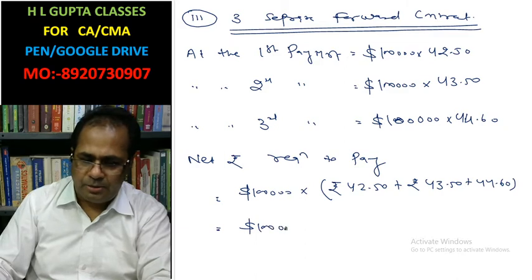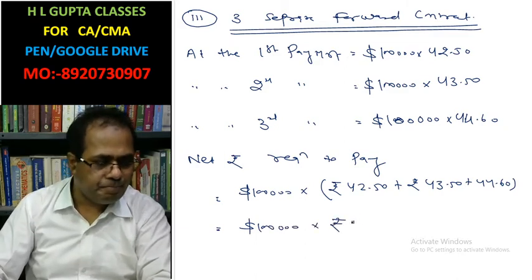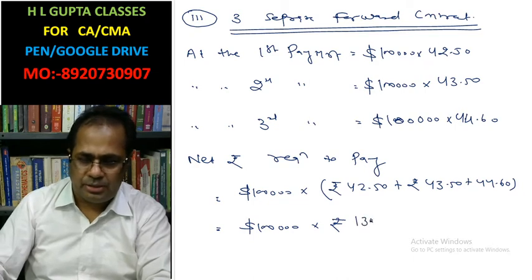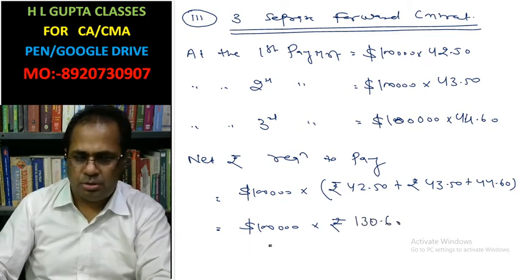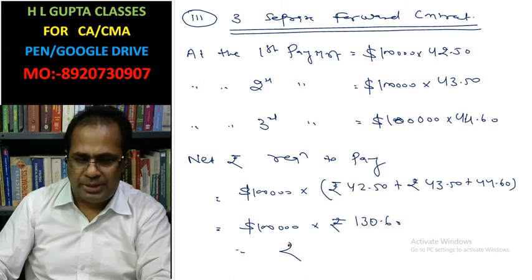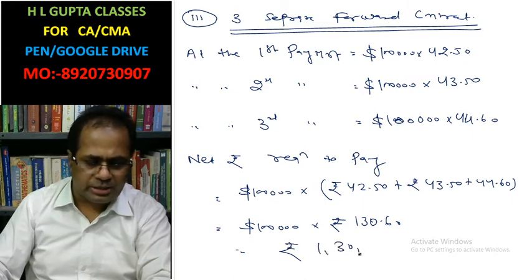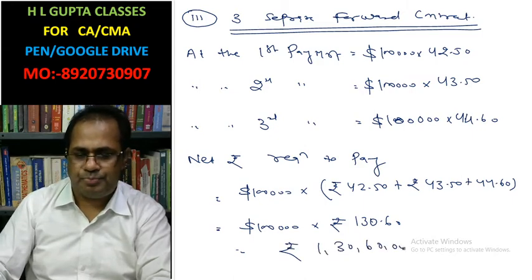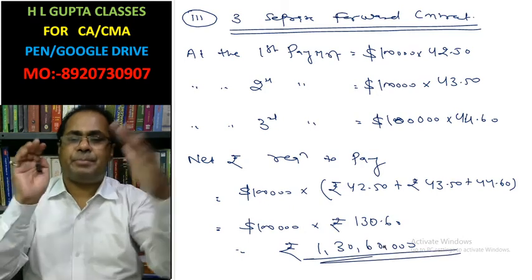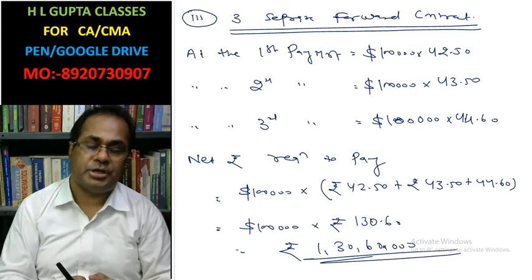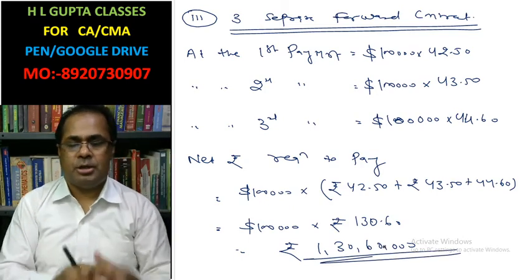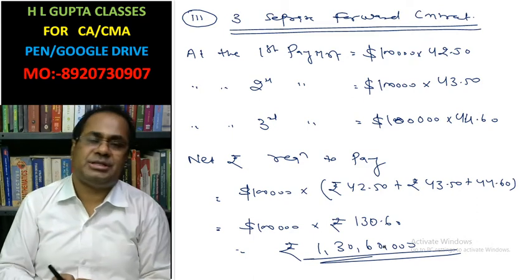Dollar 1 lakh, rupees 130.60, that is rupees 1,30,60,000. This is the 3 separate forward contract. If you enter the 3 separate forward contract, in this case you will have to pay this much amount.